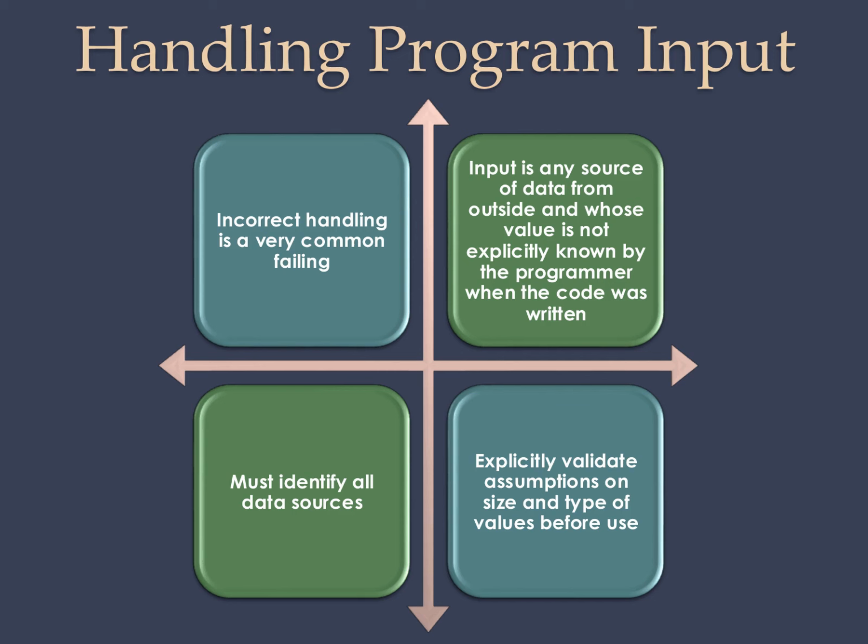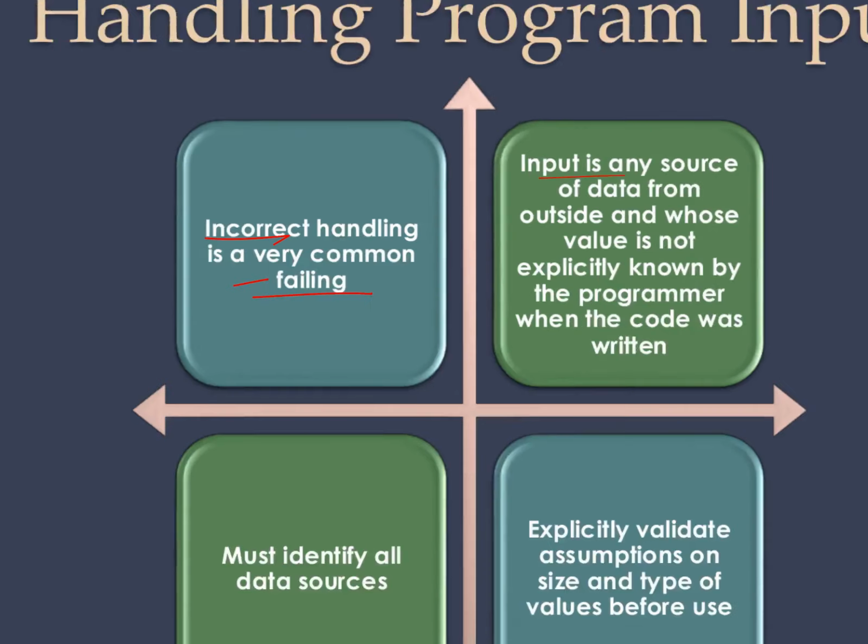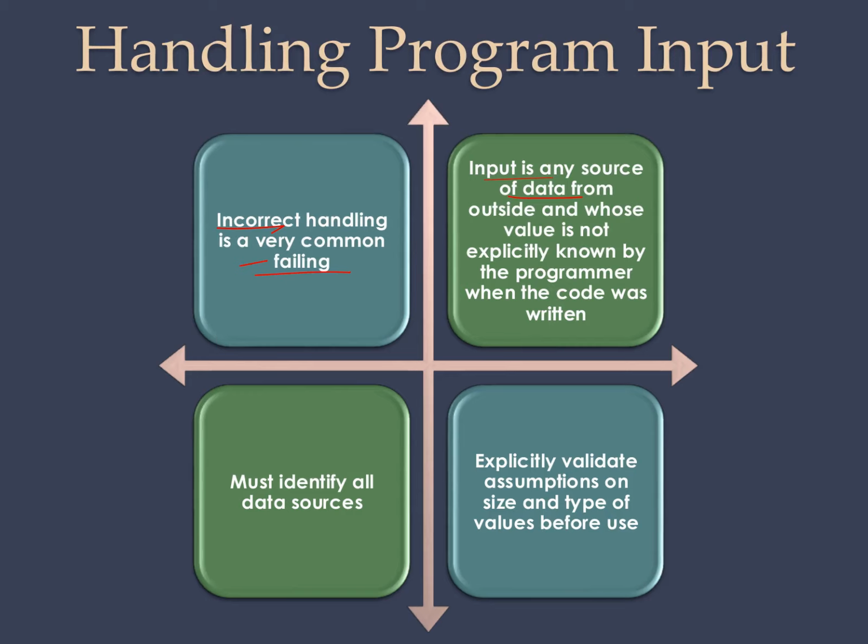So this brings us to how to handle the program input. Incorrect handling is a very common failing, as we know. Input is any source of data from outside whose value is not explicitly known by the programmer when the code was written. We have three classes of input.